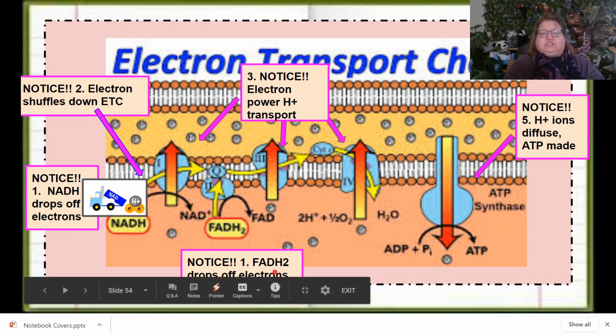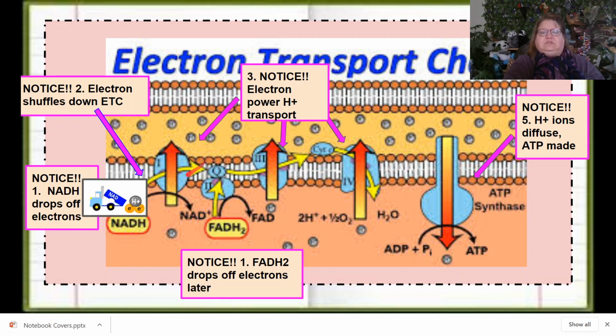Now, FADH2 is also dropping off its electrons, but at a slightly later stage. So here we have an electron being passed to this molecule, and then it powers hydrogen moving over. And then the electron keeps going, and then here a hydrogen can be pumped.